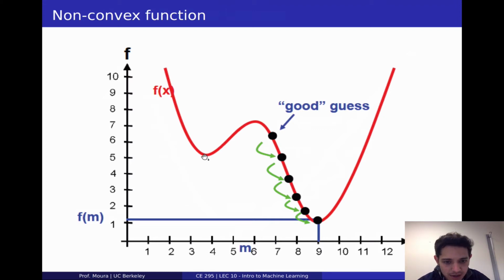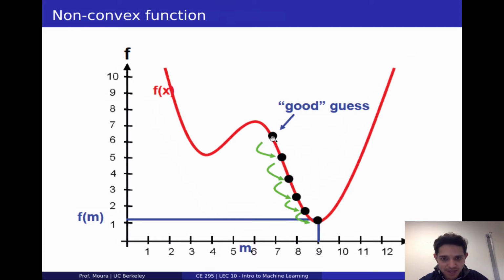One around, I don't know, x equals 3.5, and another one around x equals 9, right? Both are local minima. Because I can graph this very easily, clearly the one at x equals 9 is the global minimum.